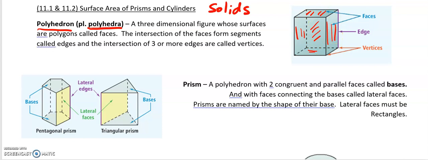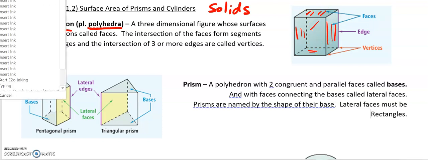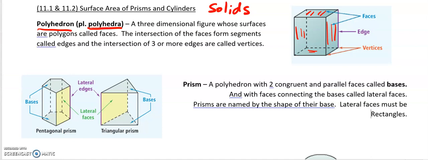Now, if you look at where the faces meet, let me erase this. Where the faces meet, guys, this line right here, that is called an edge. So this polyhedron has all these edges where the different faces meet, okay?